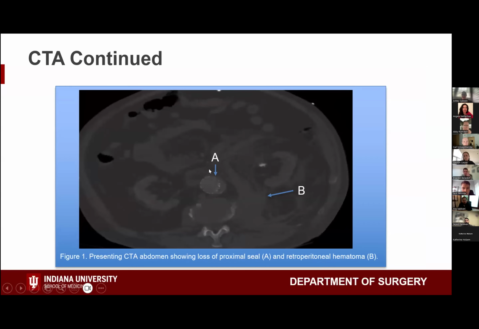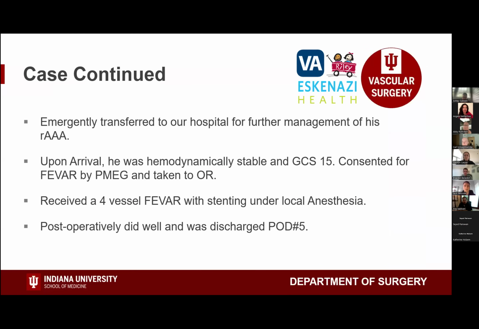You can see labeled A, his old EVAR. This is the proximal portion of the EVAR. You can see it's not well adhered to the native aorta wall, concerning for type 1A endoleak. And B, just redemonstrating the retroperitoneal hematoma, putting everything together, diagnosed with his rupture, and he was emergently transferred to our hospital for further management.